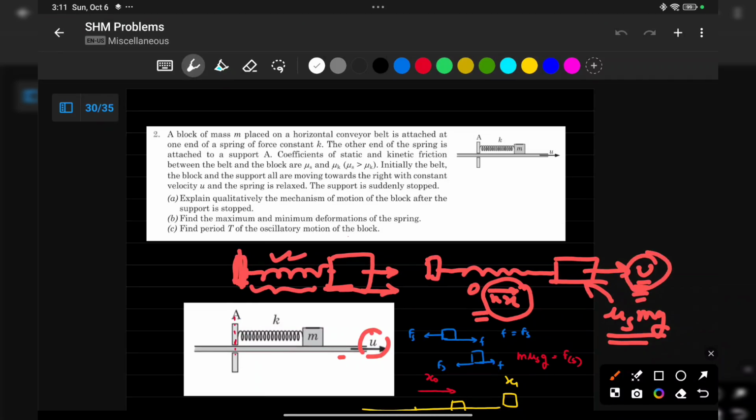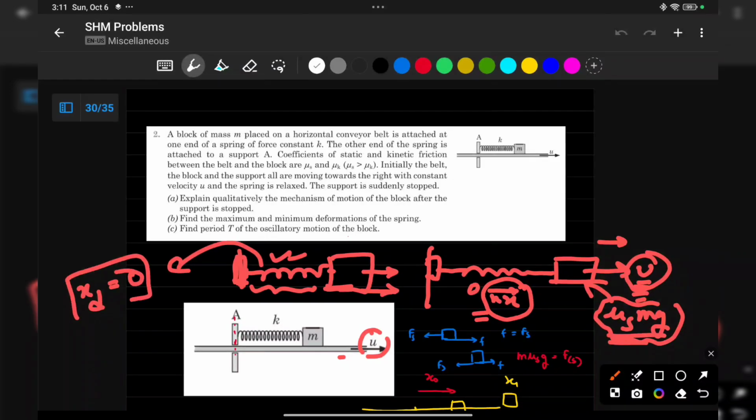So let me just clear the first part: when I suddenly stop the support, the block keeps on moving with velocity u, because the maximum friction is mu s mg, and at first the spring force is zero. At first there was no deformation, right? x deformed is equal to zero.